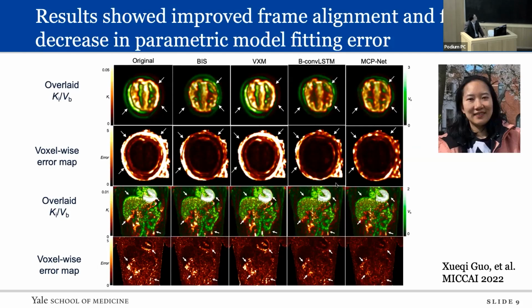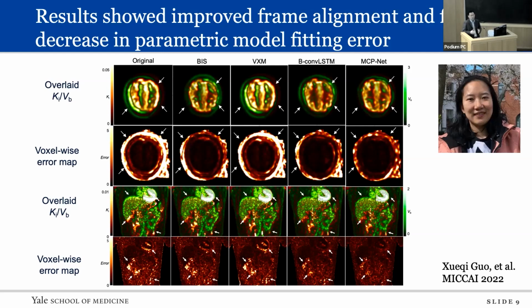This is Xueqi here in the room. You can see that, compared with all the other approaches, the last column is our network with the Patlak plot in the network loss. Here we overlaid Ki and VB. In the Patlak plot, Ki is the slope and VB is the intercept.